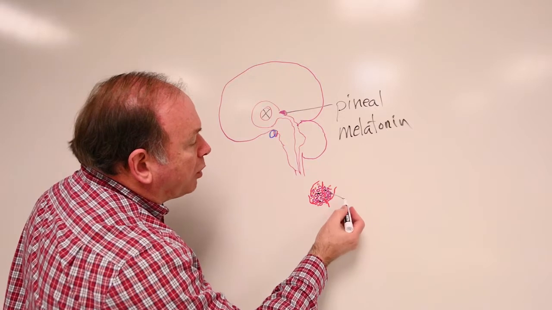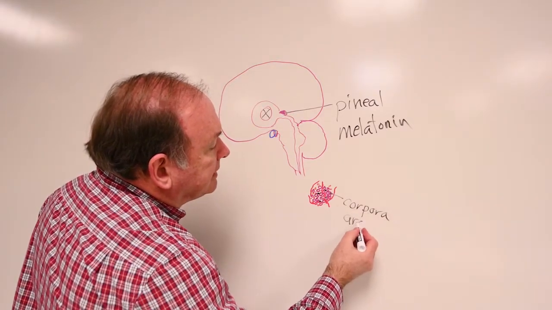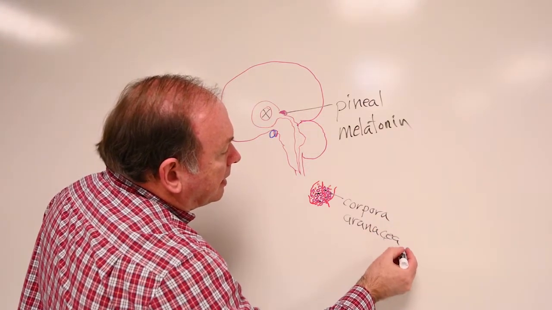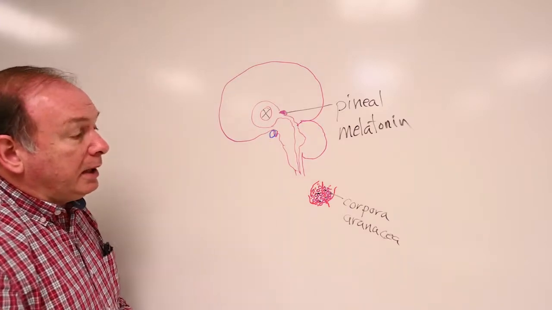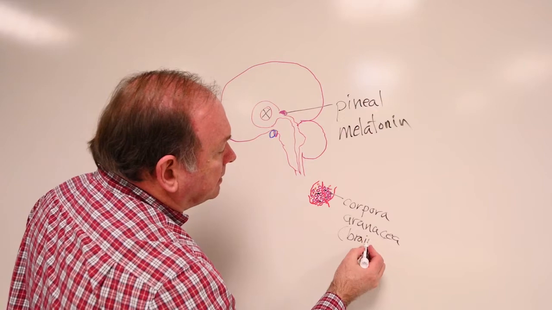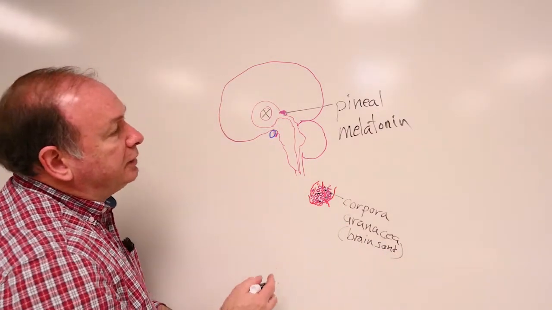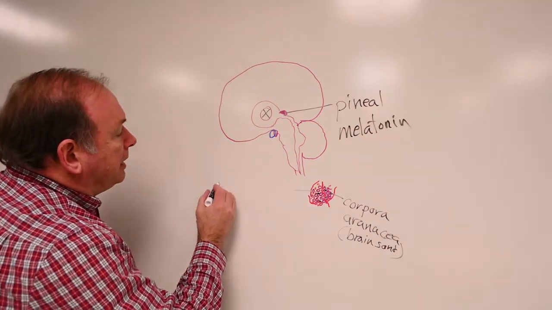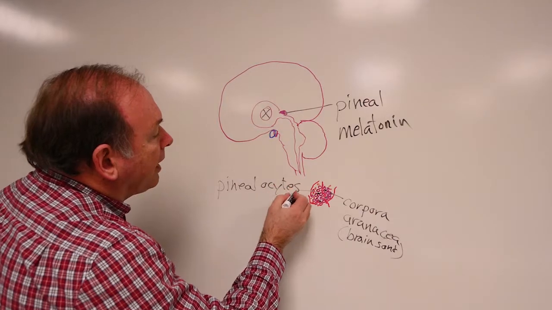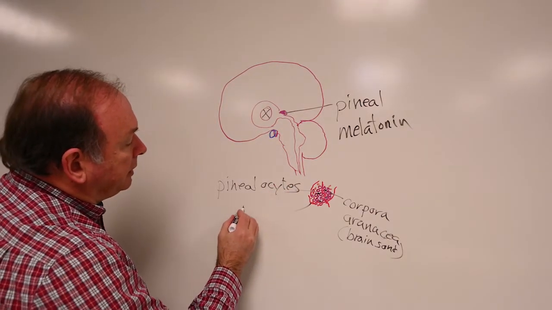They go by the name corpora arenacea. I think that's spelled right there. Anyway, another name for that, common name for that, is what we call brain sand. Brain sand, small solid particles in there. So, pinealocytes, and we'll just call them glial cells.